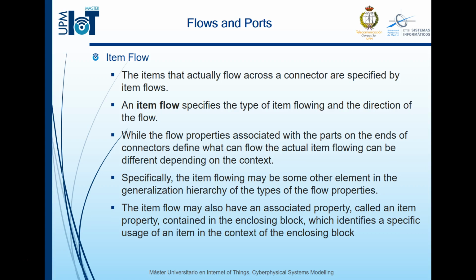So we can decide at this level each element of our hierarchy. That means if in the flow property we said a fluid can move from here to here, at this level we can say one fluid, or maybe water, or some different kind of fluids. So now we can specifically decide which item is flowing in this diagram.